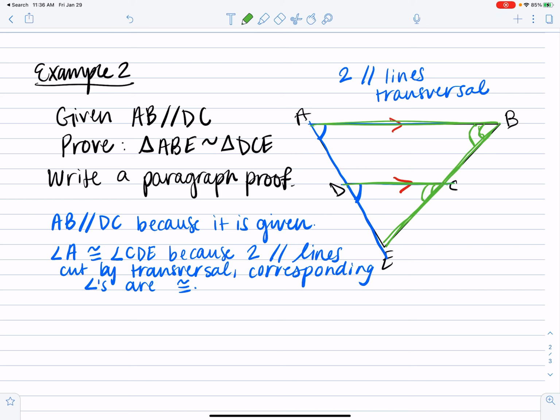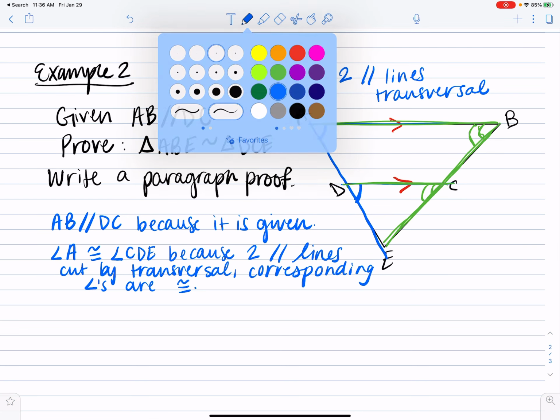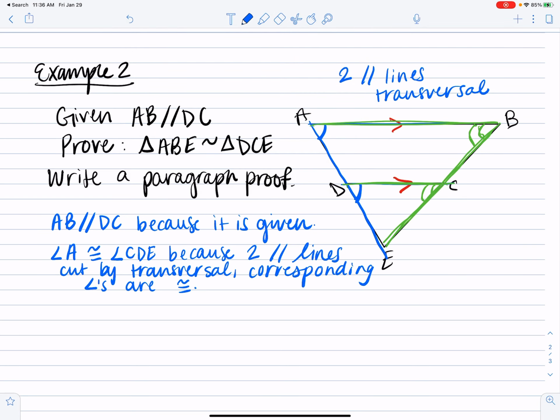So I'm going to do the same thing again. I can say that angle B is congruent to angle DCE, because you have to say that whole angle because we're talking about the bottom angle for C and not this top angle up here.